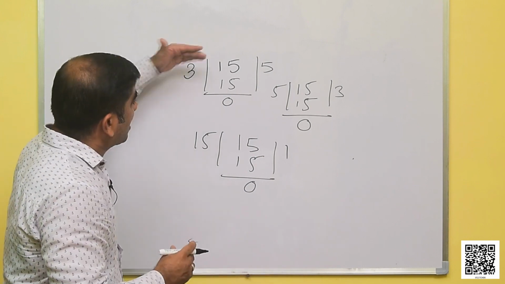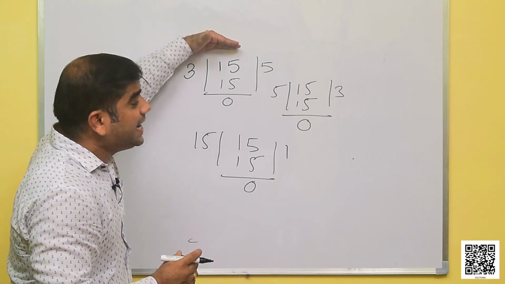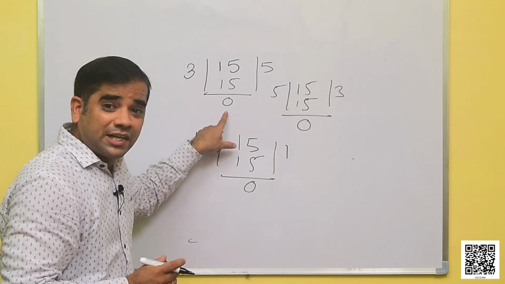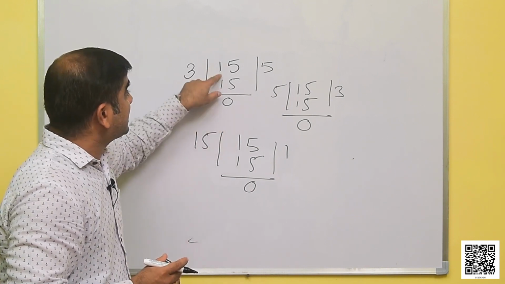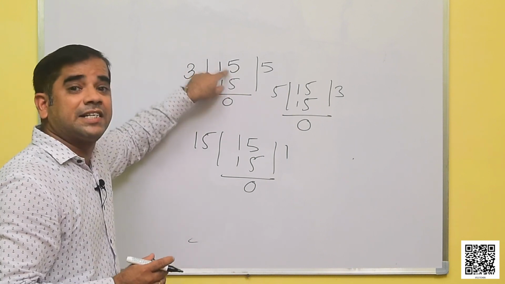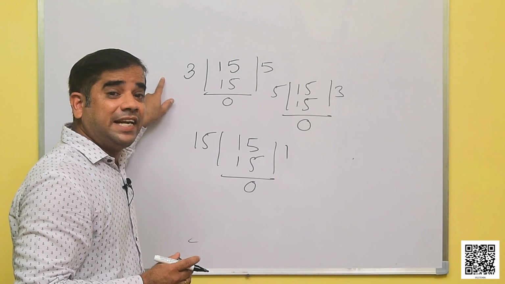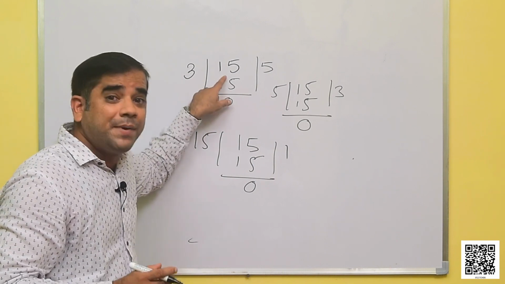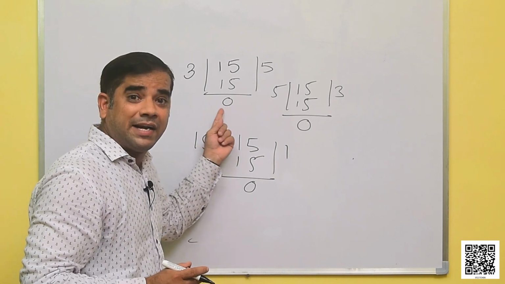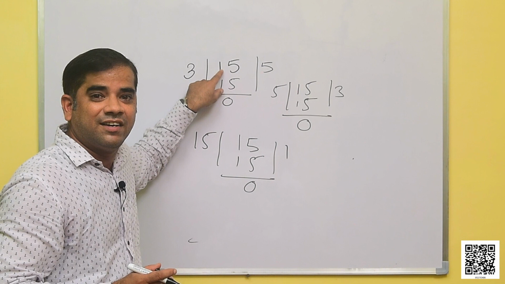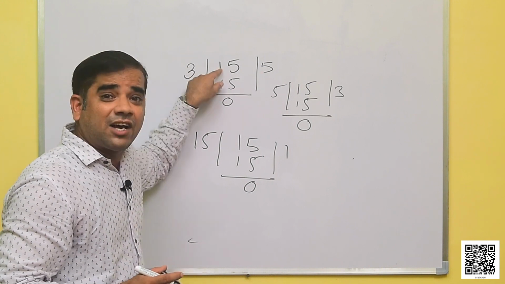When I divide any number with another number, and if it gets 0 as the remainder, then this number is completely divisible by 3. 15 is completely divisible by 3. So any number, if it divides another number completely, giving 0 as the remainder, that means 3 is a factor of 15.